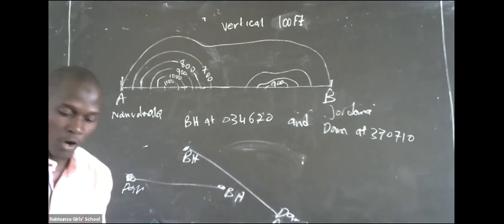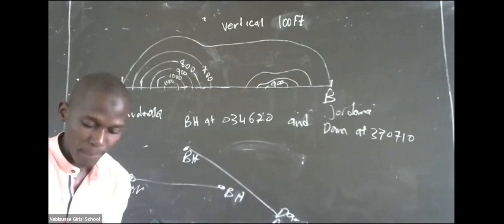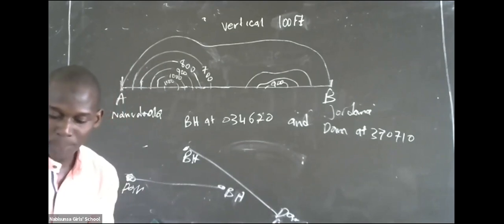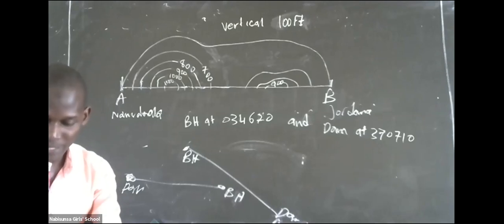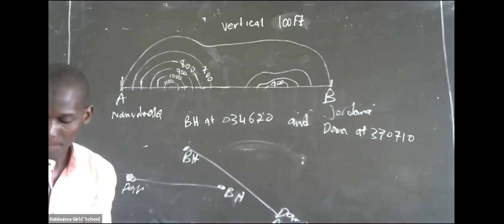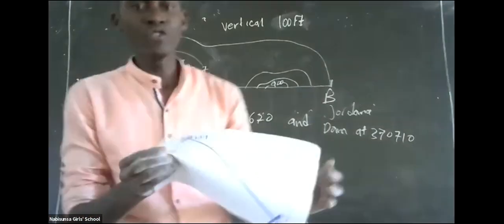Okay, just hold on and you draw a dam on your paper and a borehole. Then you join them. Let me show you an example. Just draw like this, a dam and a borehole.